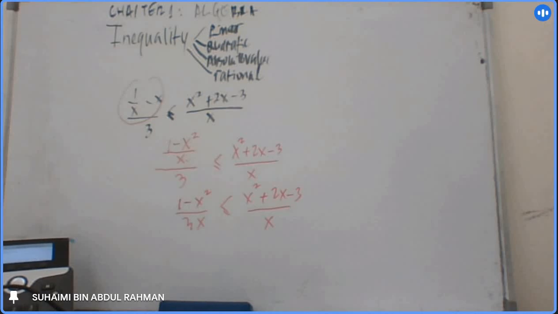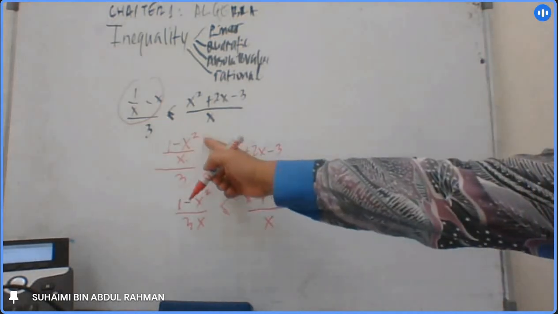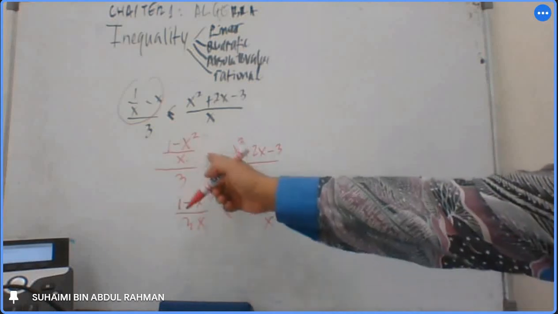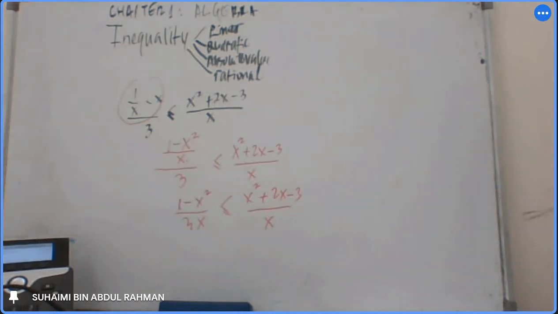1 minus x squared over 3x. This is where we change. Hopefully you know how to change this. These are the basics of changing it, which you're supposed to know before.